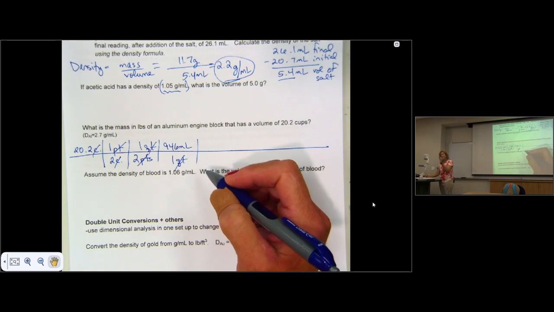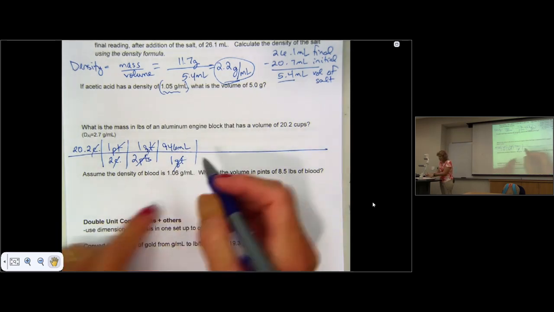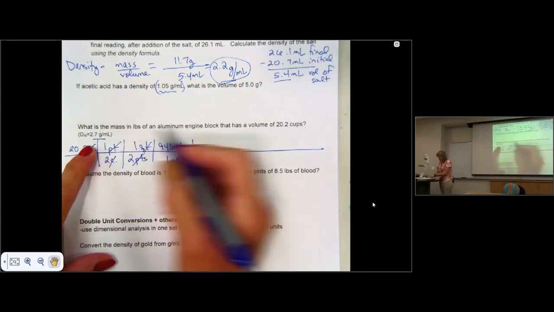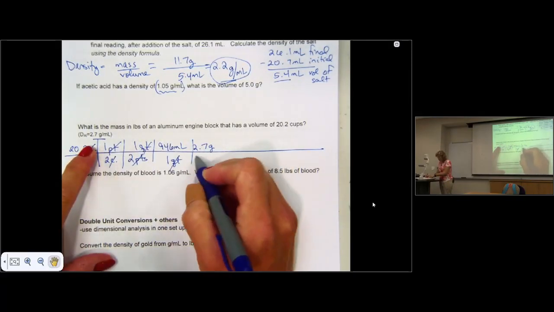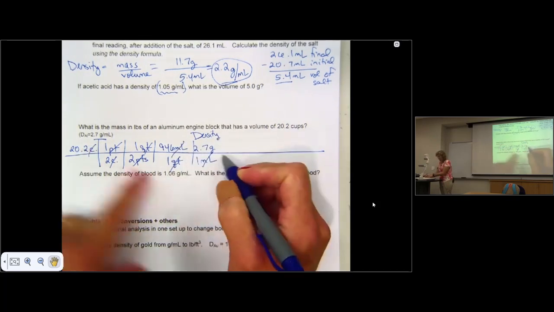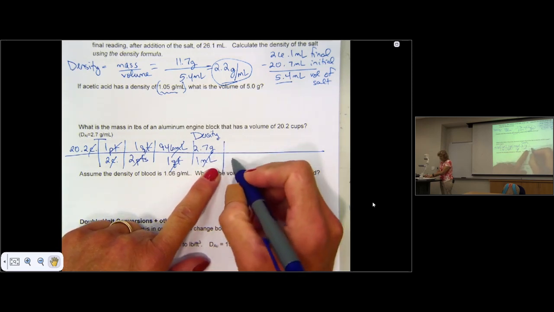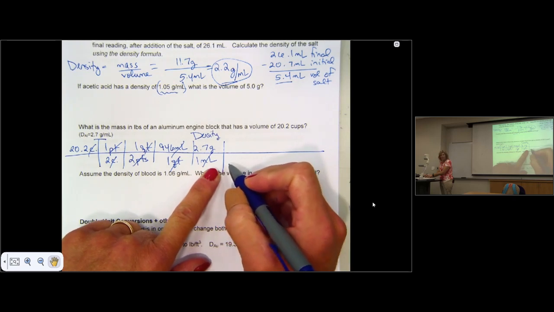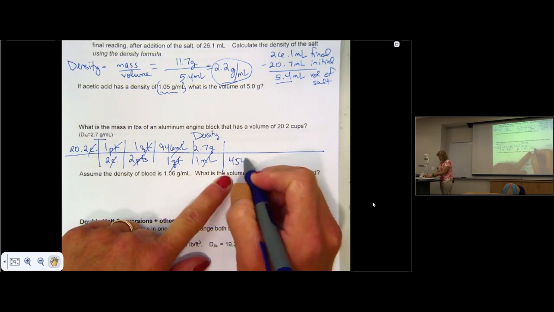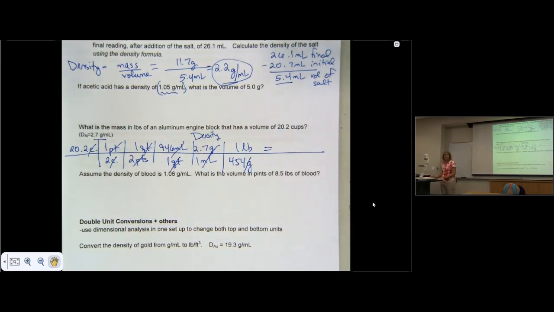If you understand density gets you from the volume to a mass or mass to a volume, you realize how huge that is at this point. So you immediately find density, and that's 2.7 grams per 1 milliliter. That is density. Now I am in mass. How do I get to pounds? You can do it with your pounds-kilogram, or I'm going to use mine, which is 454 grams in 1 pound, and boom, I'm done.